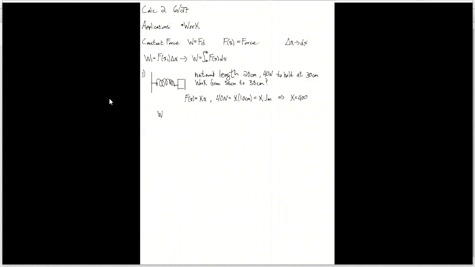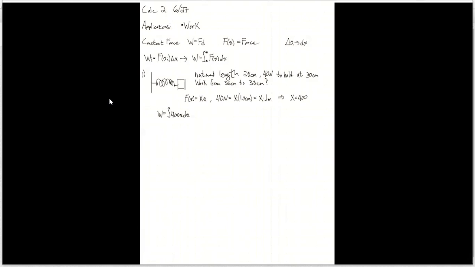So our work is this integral. Now we'll talk about the bounds in a second. But we have 400 x dx, right? Now the bounds, again, we have to be talking about meters, and we have to talk about the displacement, right?